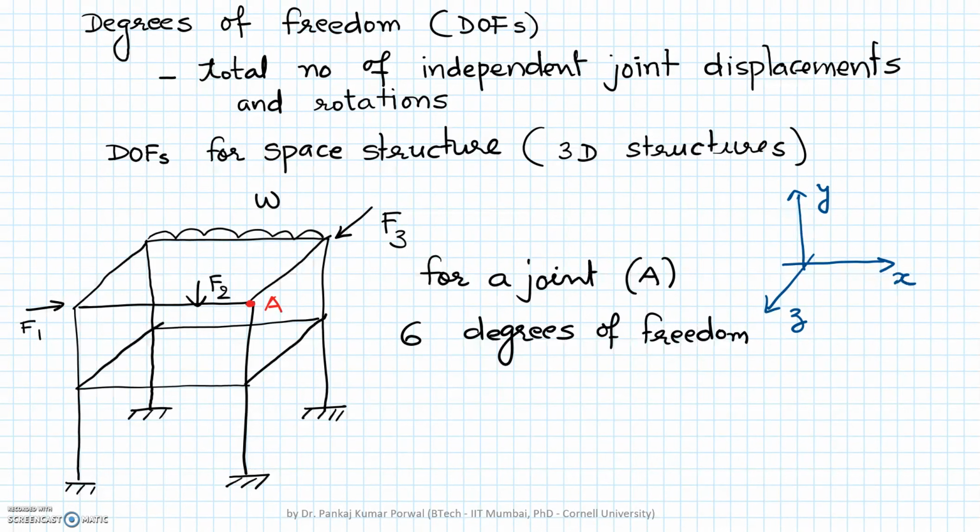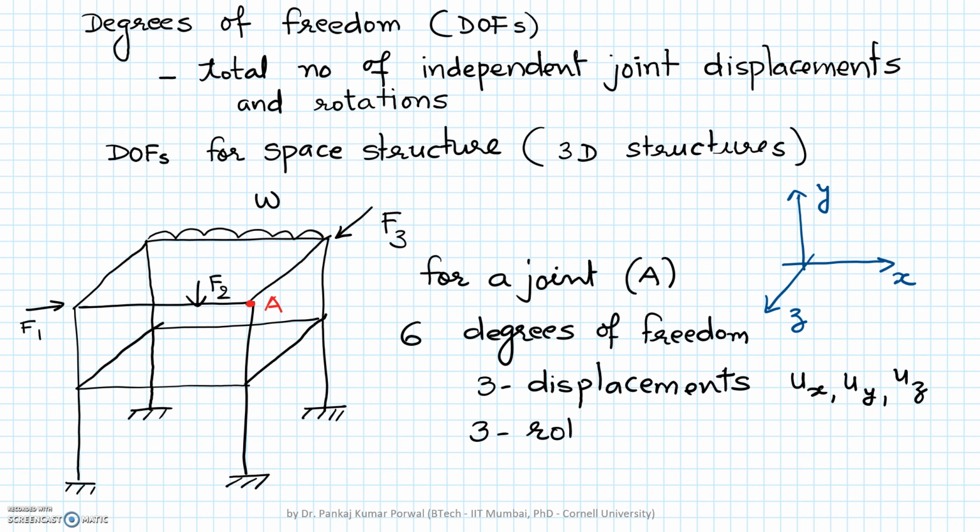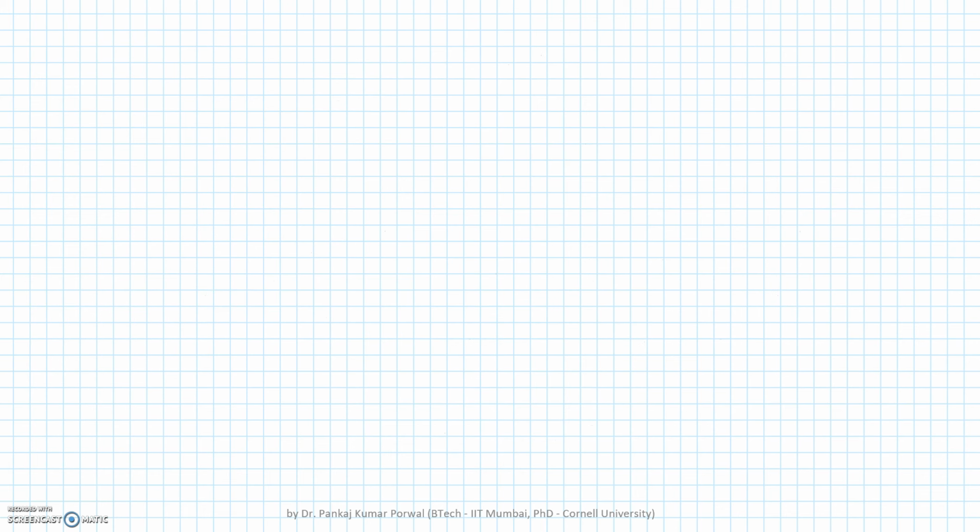Out of these 6 degrees of freedom, 3 are displacement degrees of freedom, which we can denote by ux, uy and uz, and 3 are rotations, which we can denote by theta x, theta y and theta z. So if we want to find degrees of freedom for the entire structure, we add the degrees of freedom for each joint in the structure. Next, let's move to a planar structure.